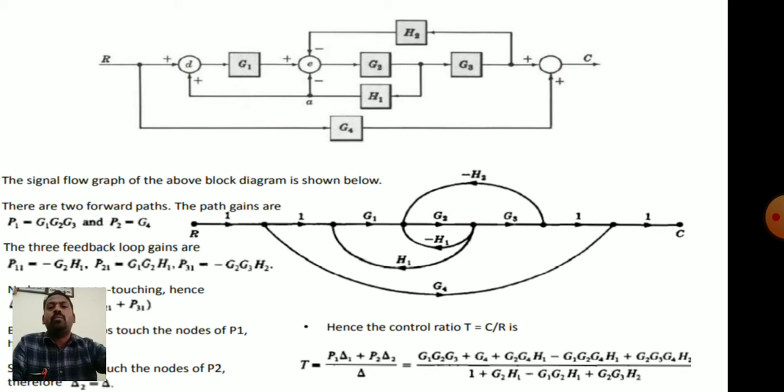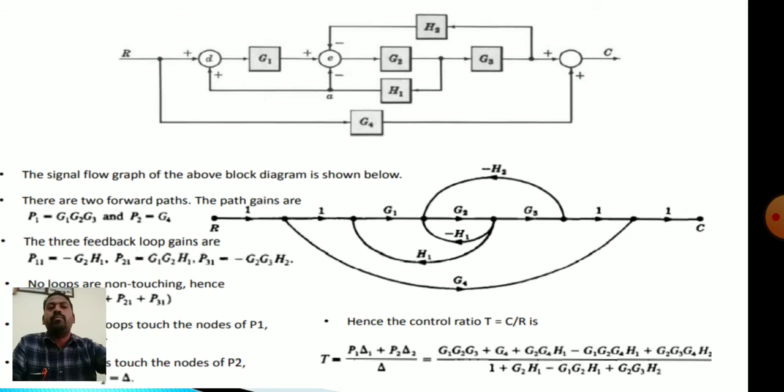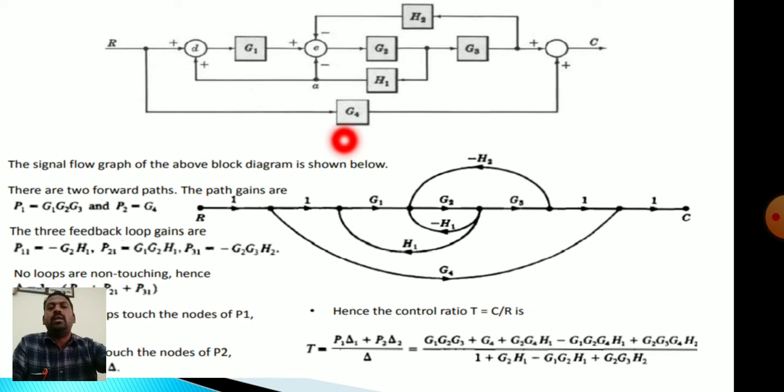One node will be here, one node here, one node here, and so on. How many nodes? 1, 2, 3, 4, 5, 6, 7, 8.